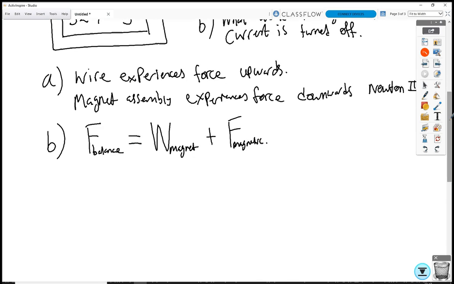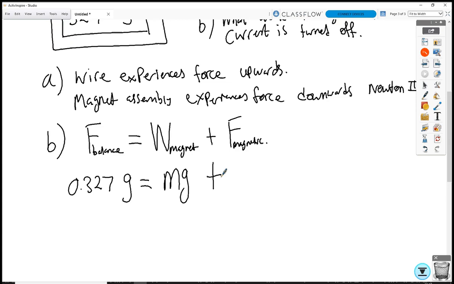Now let's write these out in terms of numbers. 327 grams times g is the force that's being experienced by the balance in total. So here we put 0.327 g is equal to the weight of the magnet. Well, we don't know the mass of the magnet. But we know there's going to be mg plus the force due to the magnetic field.